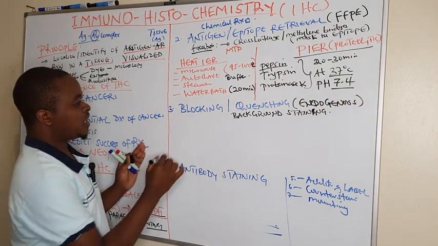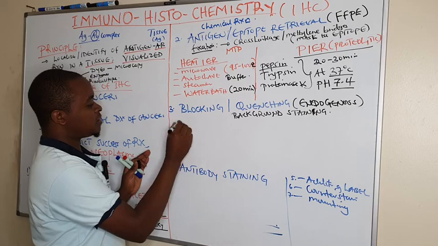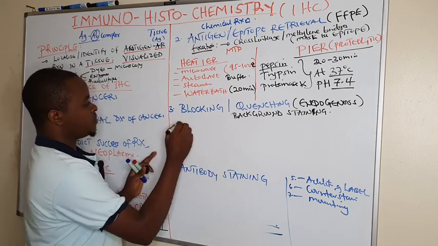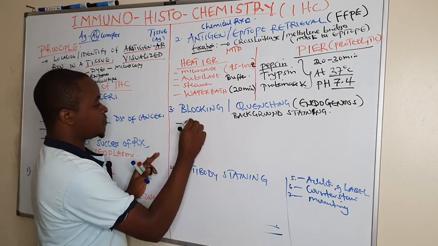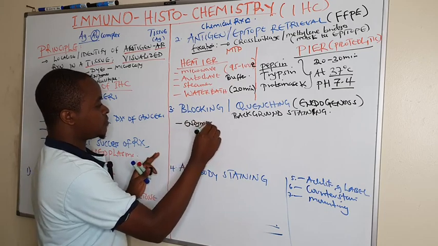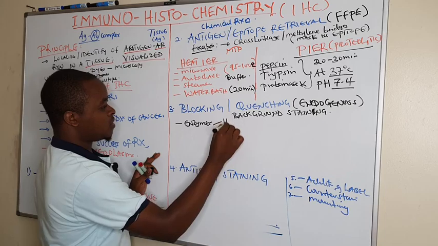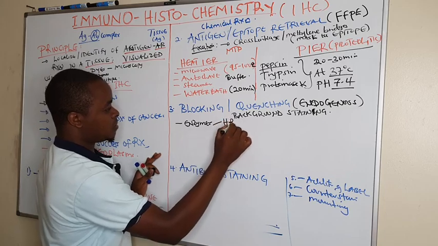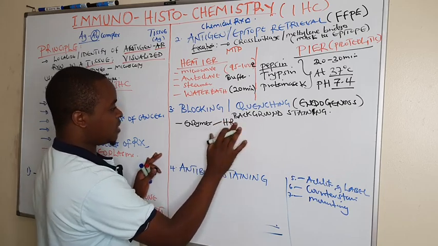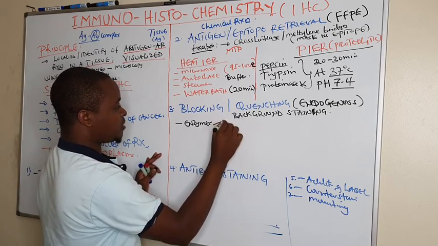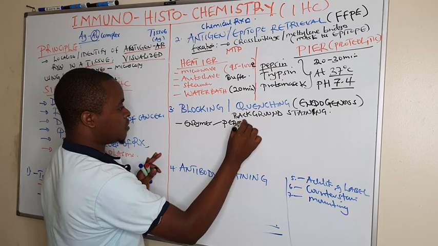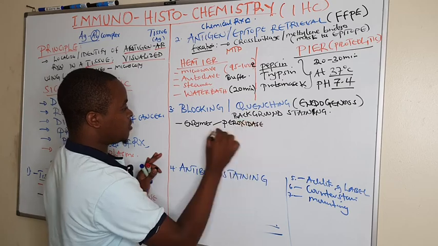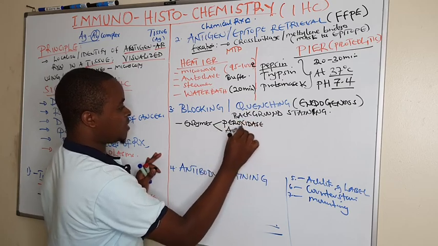And the endogenous substances which are blocked in this step include enzymes. We shall see enzymes like horseradish peroxidases, and enzymes like alkaline phosphatase.